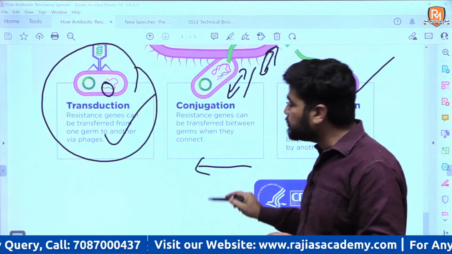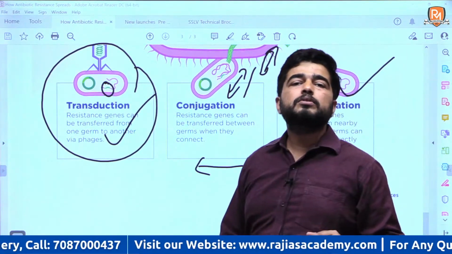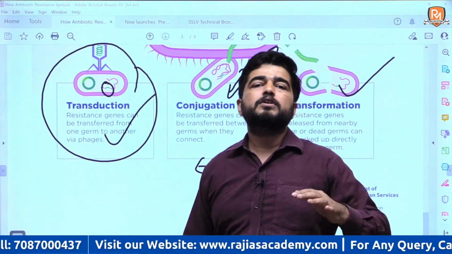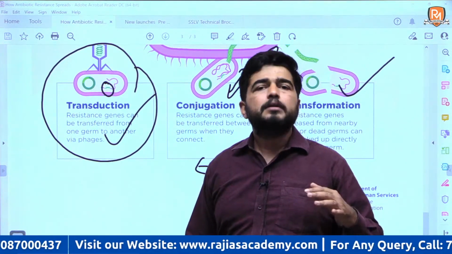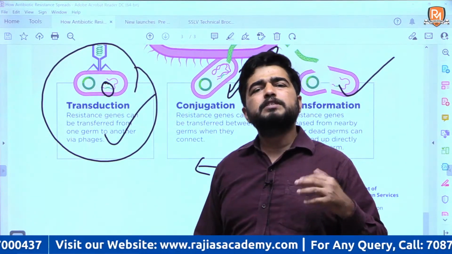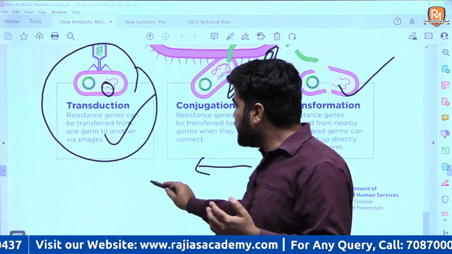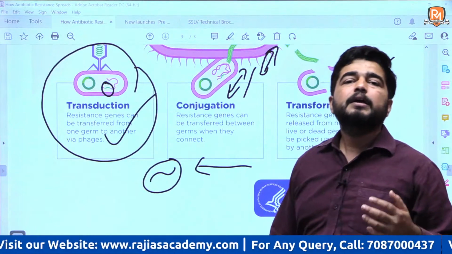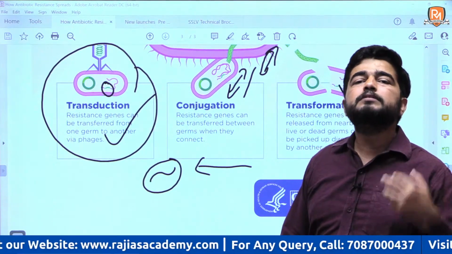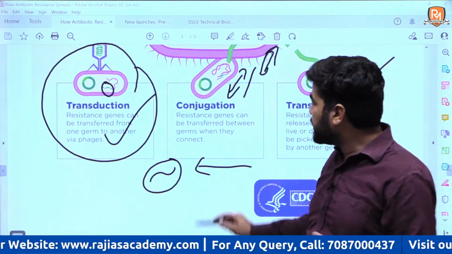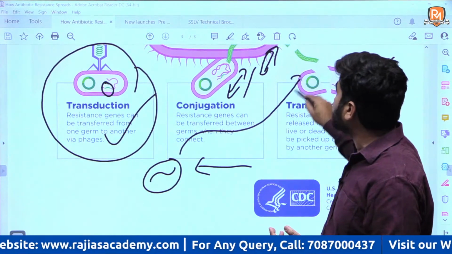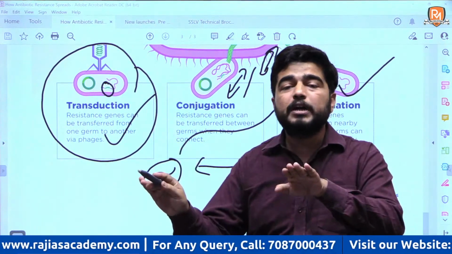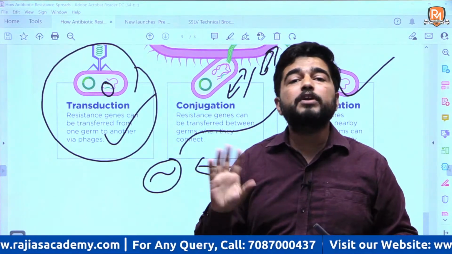And the third thing is transformation. Transformation is horizontal gene transfer. Horizontal gene transfer means, for example, one bacteria was antibiotic resistant and it was killed, but its DNA is in the environment, and the part of the DNA which is resistant to antibiotics is transferred to another bacteria. This is horizontal transfer of a gene without any living thing.